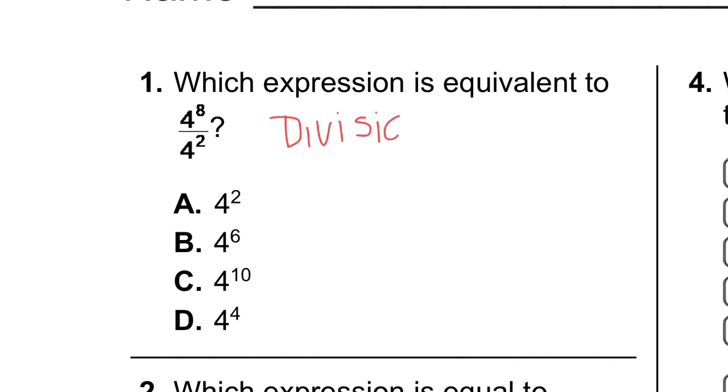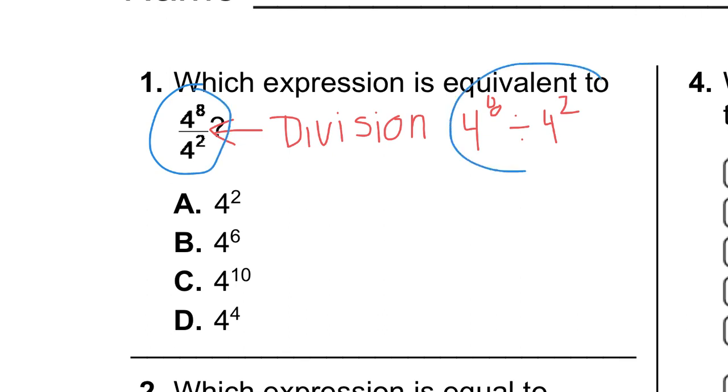Why? Because a fraction has to do with division. Okay? So technically we have 4 to the 8th power divided by 4 to the 2nd power. Both of these are the same thing.